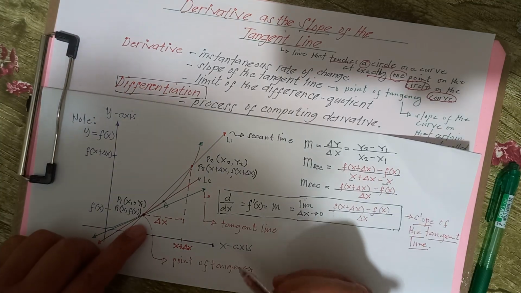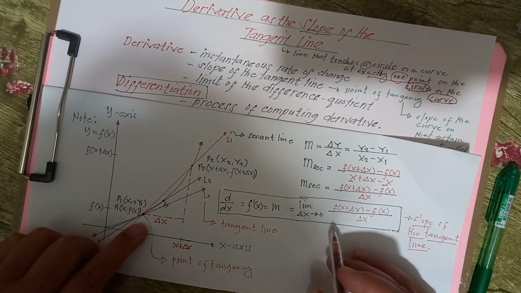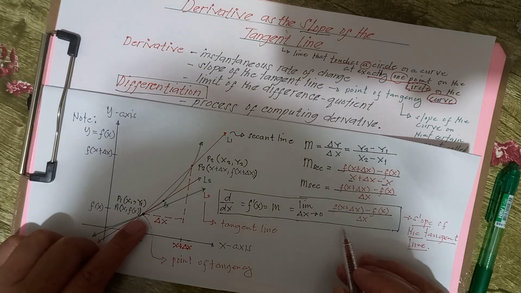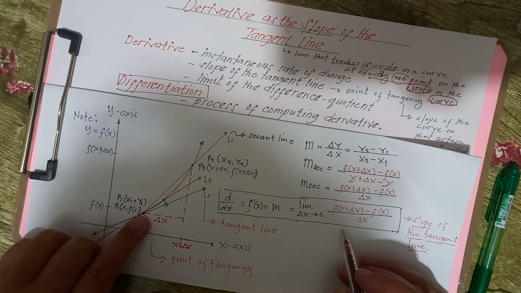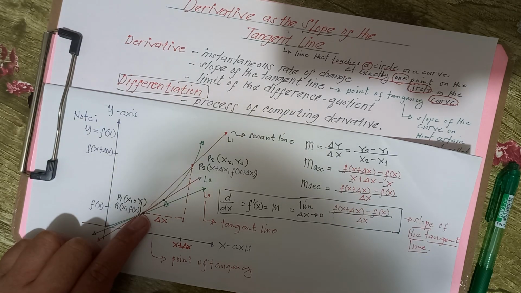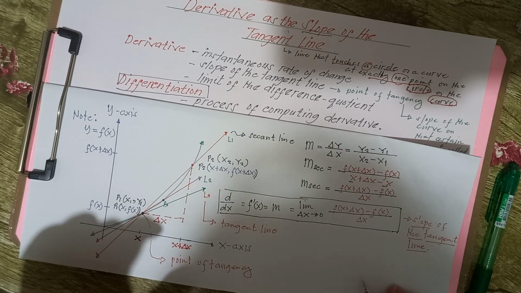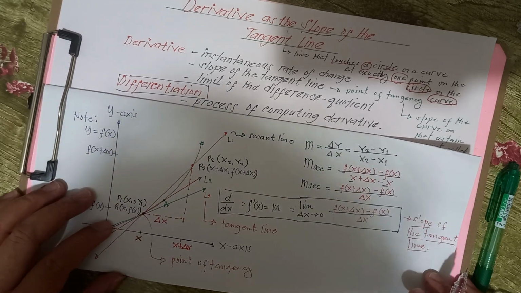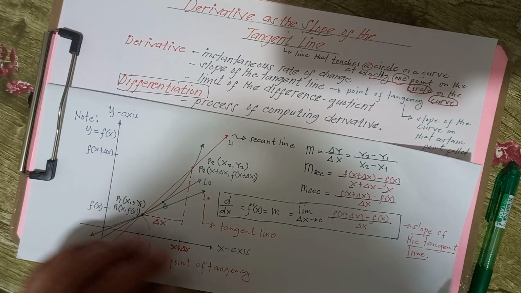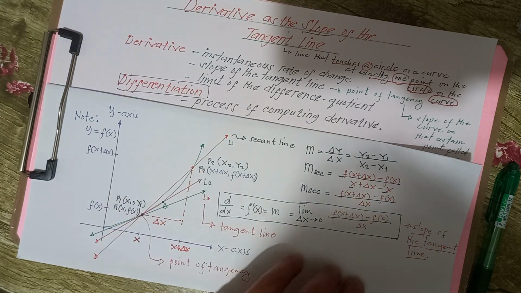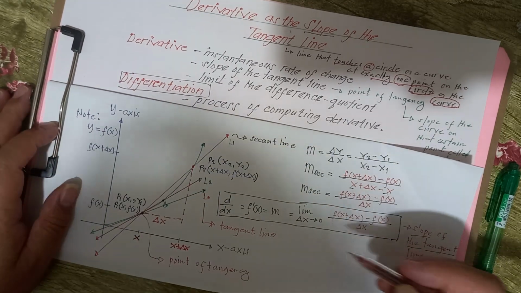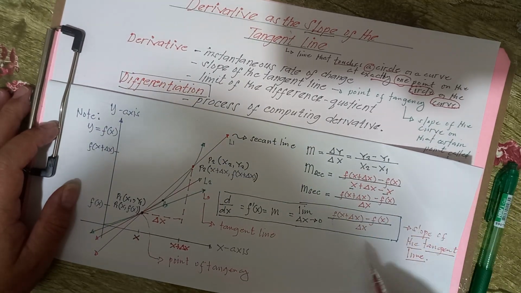So meaning to say, whatever derived, computed, calculated slope in here will be the slope of the curve on that point of tangency. I hope that you understand the method of deriving the slope of the tangent line.